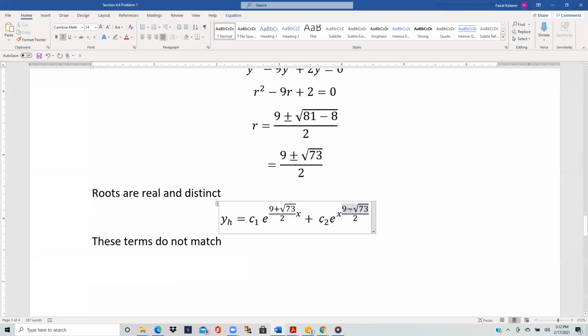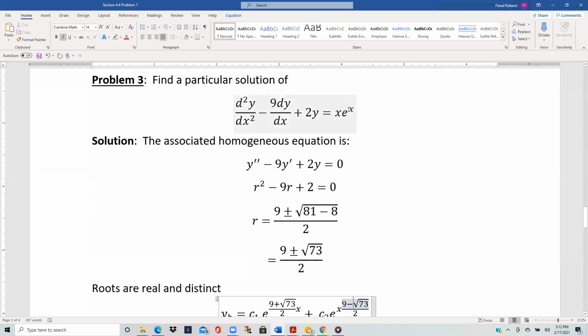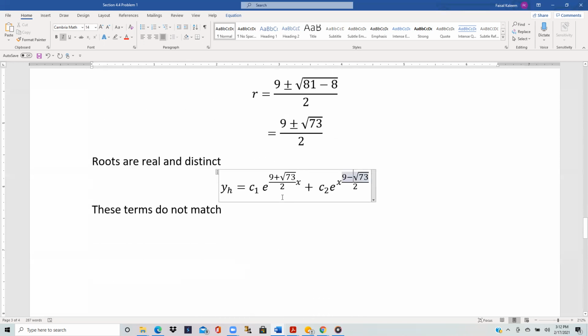And usually we write the x after the constant, but that's okay as well. So clearly this is not going to match the xe^x. So we just go for the basic xe^x form. These do not match the right side of the given equation.